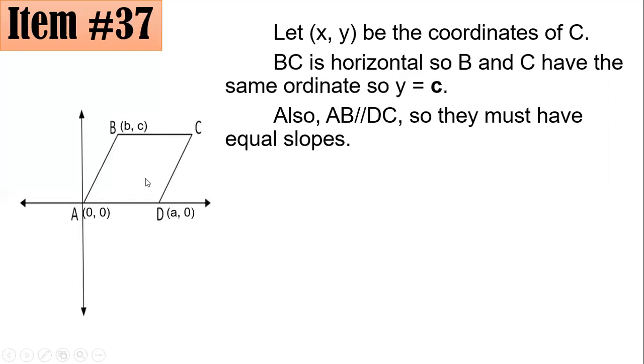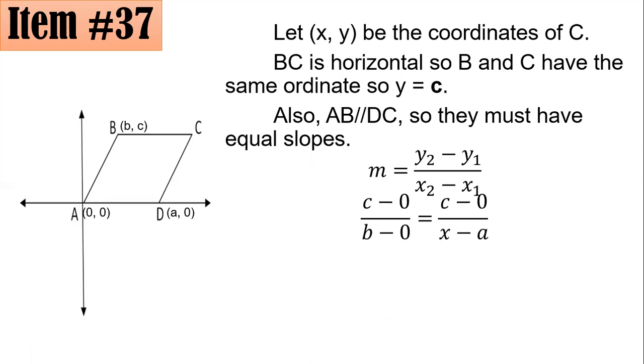But we have to remember that AB and CD are also parallel with one another, so they must have equal slopes. We know that the formula for slope is y sub 2 minus y sub 1 all over x sub 2 minus x sub 1.